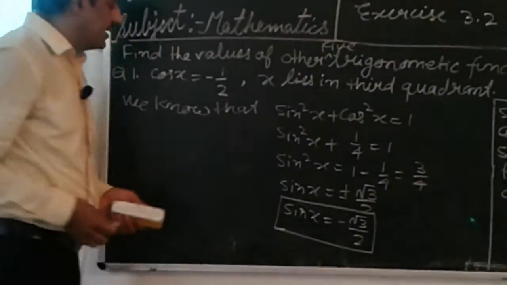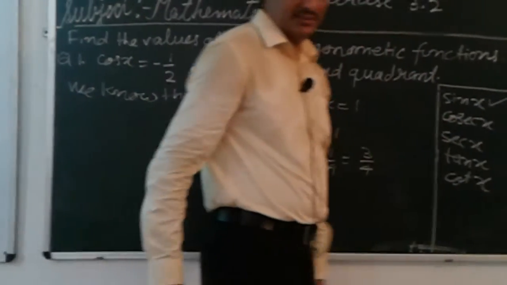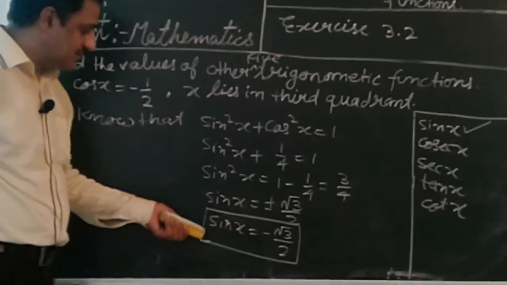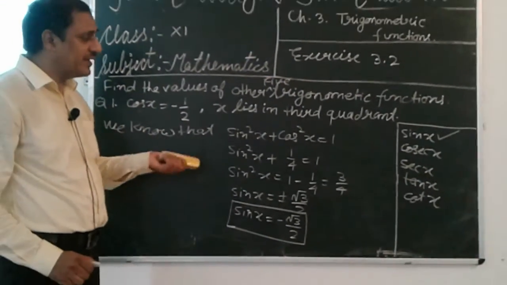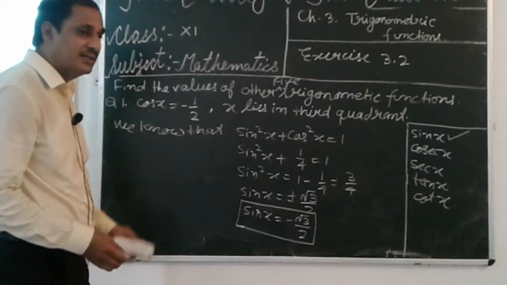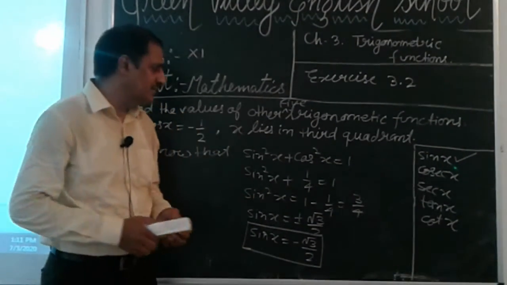Okay. Now I am going to find the value of tan x. If the value of sin x is minus root 3 by 2 and the value of cos x is minus 1 by 2, we can find the value of tan x by using which identity? As you know, tan x is equal to sin x upon cos x.